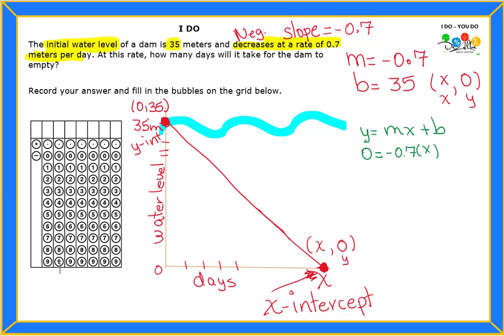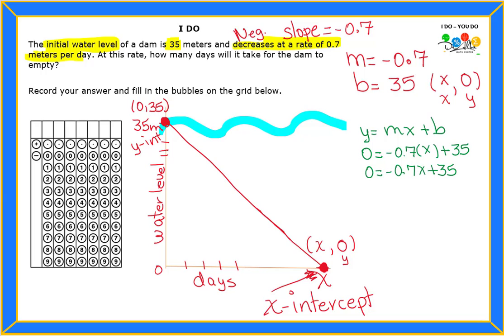Well, I do not know x, so write down an x plus the b, which is the y-intercept, and that's a 35. And remember, the only time when you can work out a problem or an equation like this is when there's only one unknown, okay? So I'm going to have 0 equals negative 0.7 times x gives me negative 0.7x plus 35.